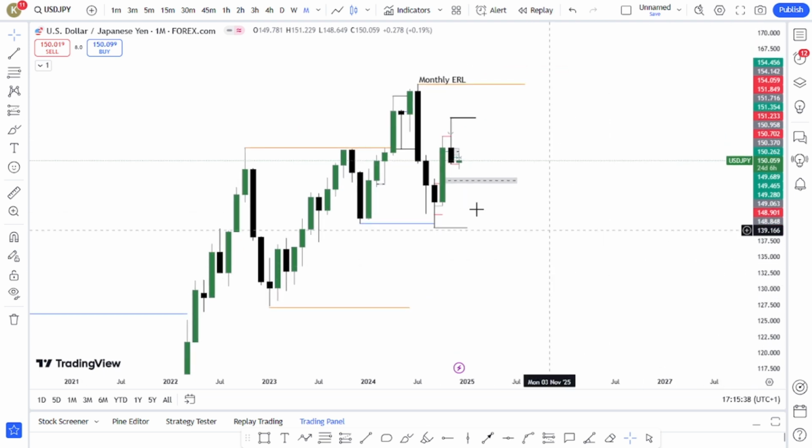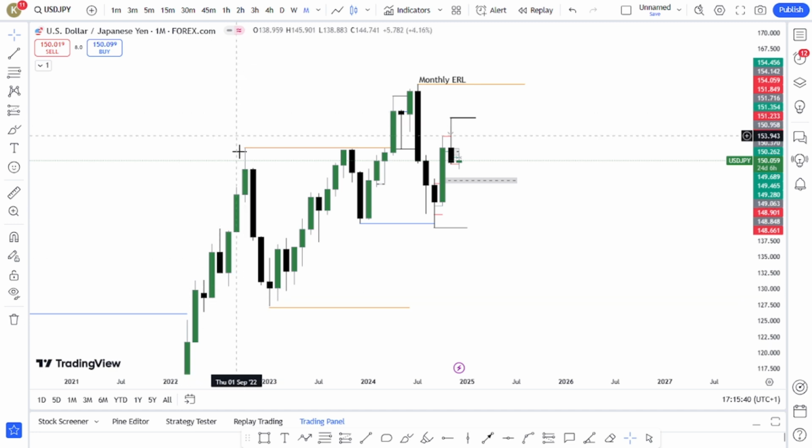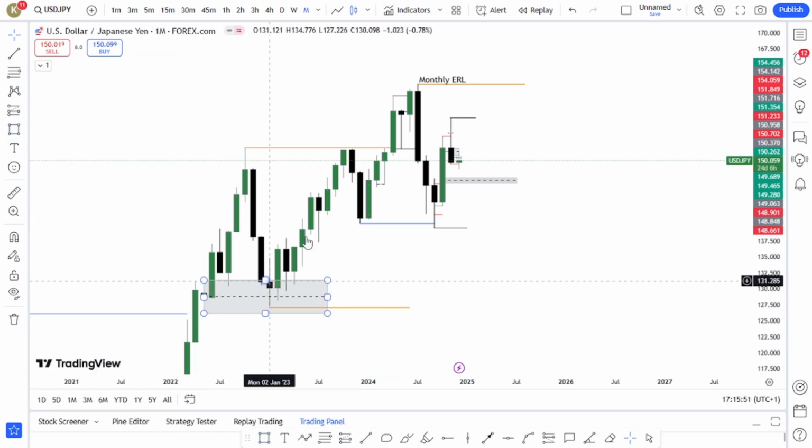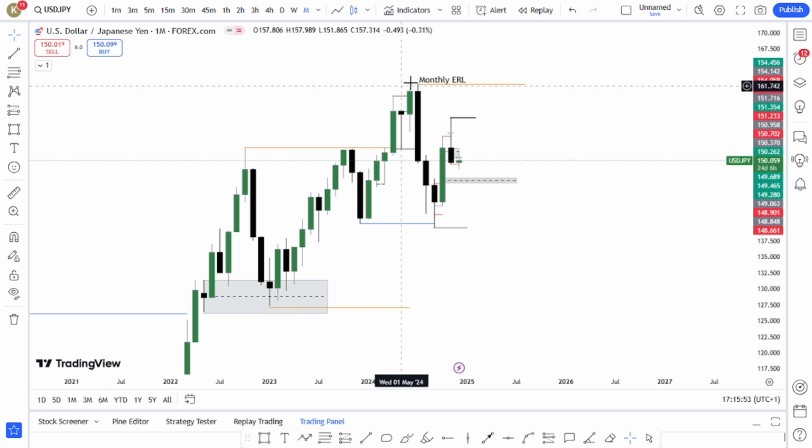So now this is my monthly time frame. This high that was created, we pull back into this area of demand. Okay, we pull back into this area of demand, went ahead and broke this, created this high. Now we pulled back.